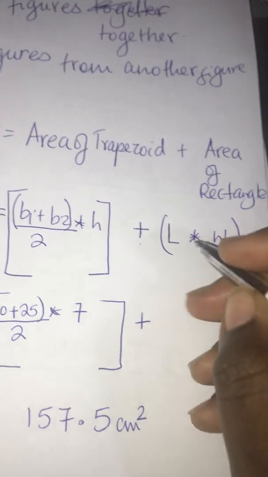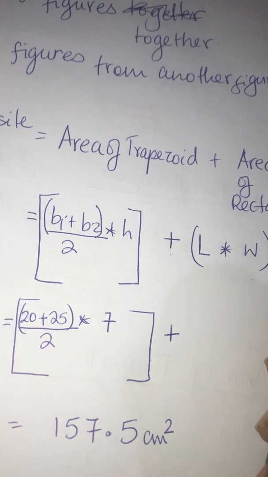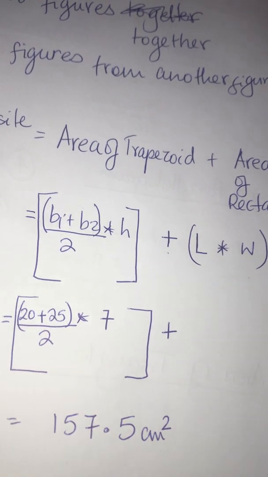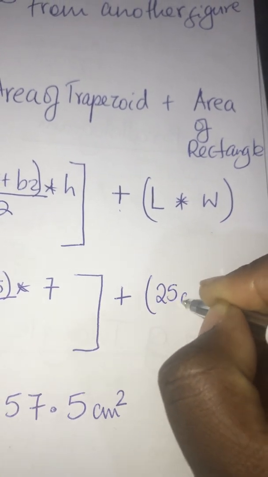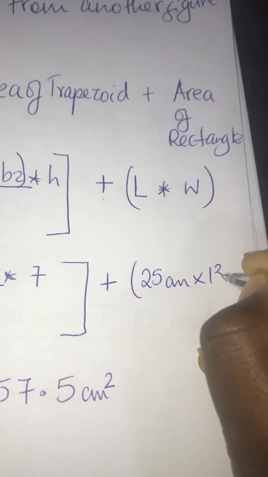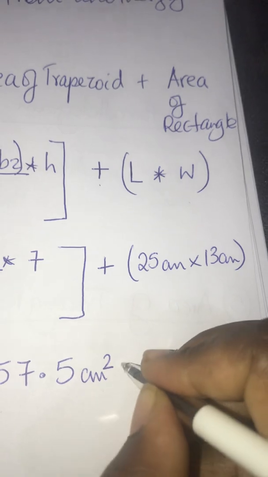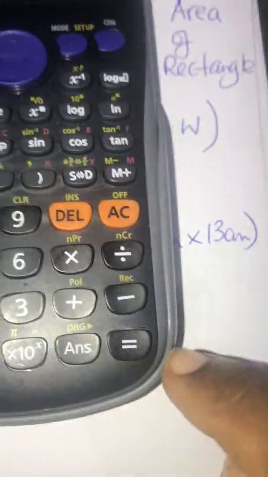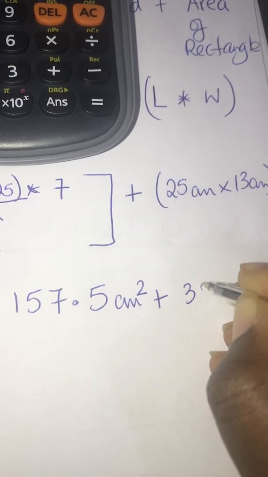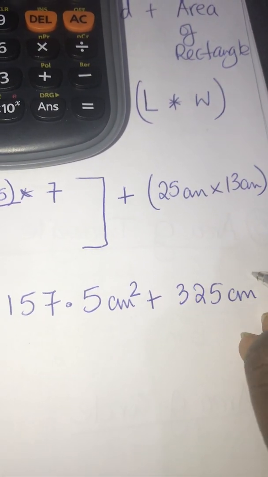Now let us put our numbers for our length. Our length is 25 and our width is 13. So 25 centimeters times 13 centimeters. Okay, and I do that. 25 times 13, and then you will get 325 centimeters squared.